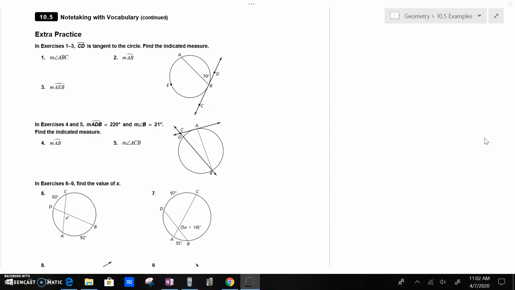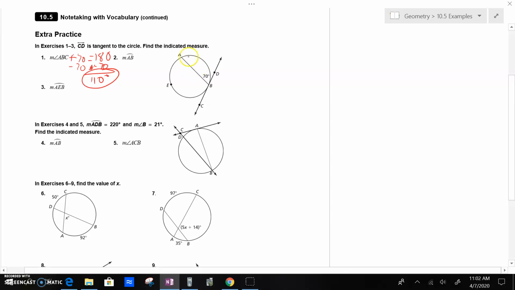So angle ABC plus 70 has to equal 180. I'm going to subtract the 70 from both sides, and my angle measure is going to be 110. So angle ABC is going to be 110 degrees, and that's just using supplementary angles or a linear pair.